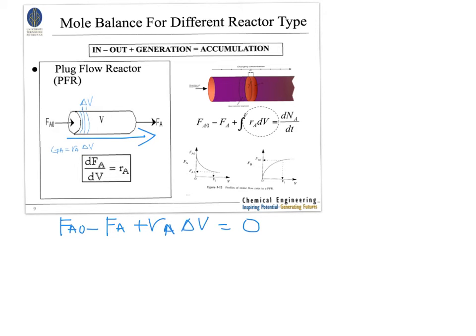Okay, so you divide this equation by delta V, and you will have FA0 minus FA over delta V equals minus RA.